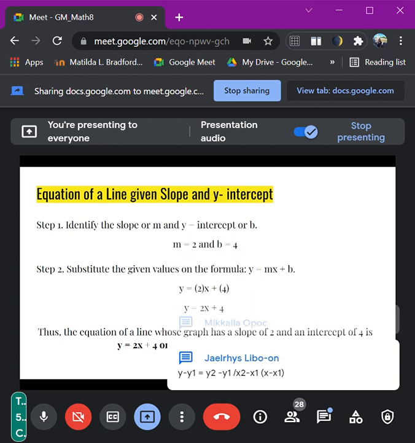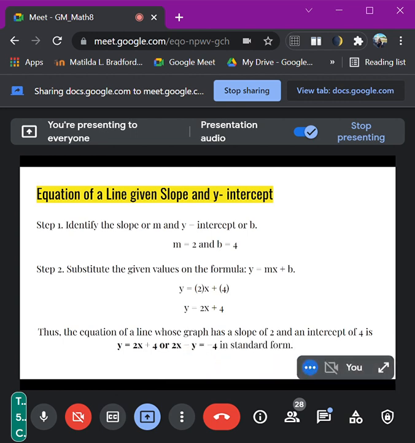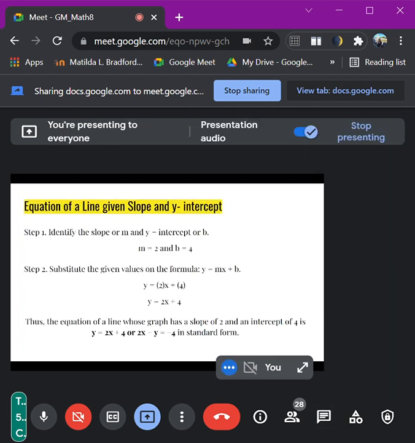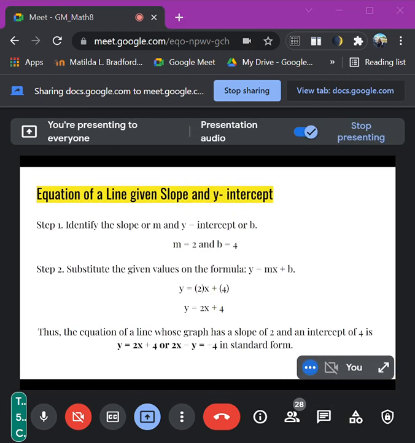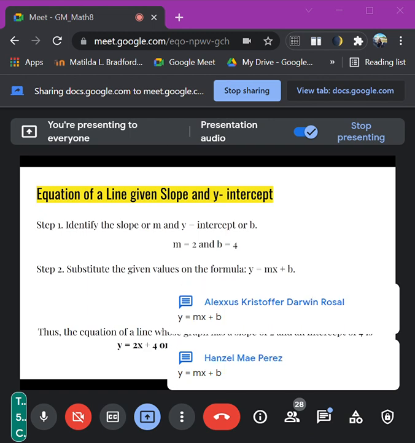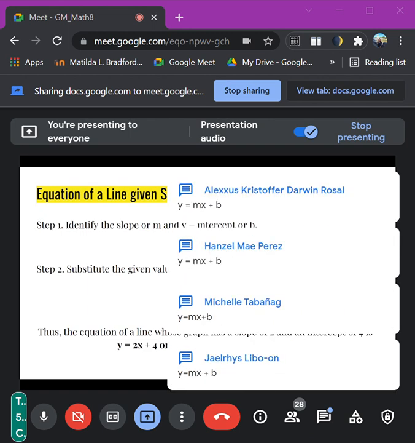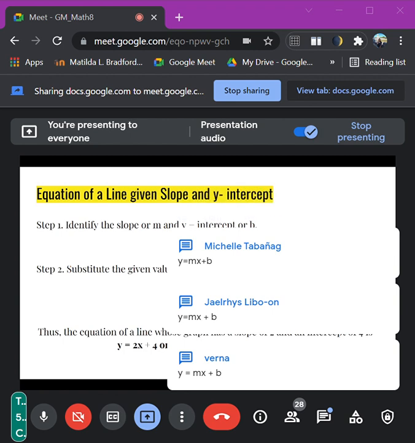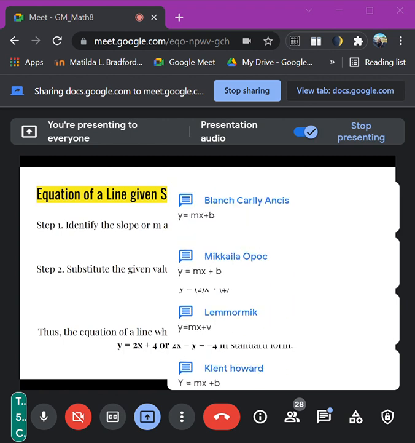How about if we are given slope and y-intercept? What formula are we going to use? Which you can see on the screen is y is equals to mx plus b.